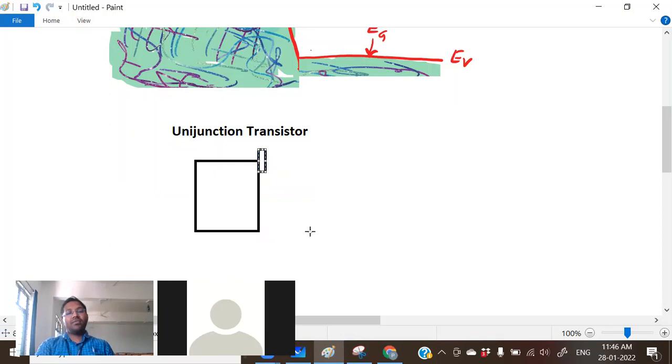So basically, what you have first is an N region, and to that N region, aluminum is alloyed on one side. Let me label this.